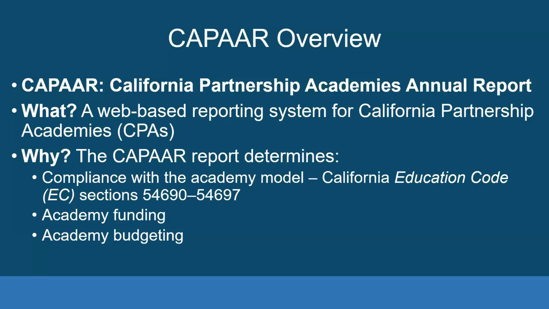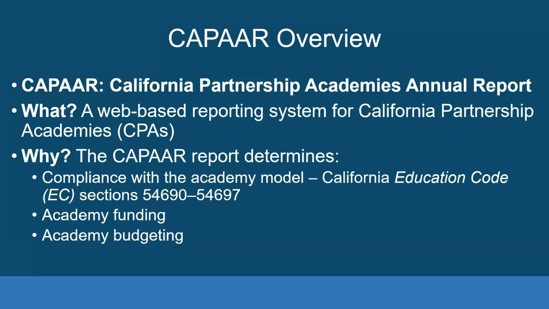If you look for the California Partnership Academies page of the CDE website, all of the Ed Code is posted there. That's really what drives our CPAs. The report that you create gives us a feel for how close you are to reaching compliancy and which sections your academy might need some help with. And in turn, this determines funding for your academy, which also helps you figure out how to budget and how to spend those funds.